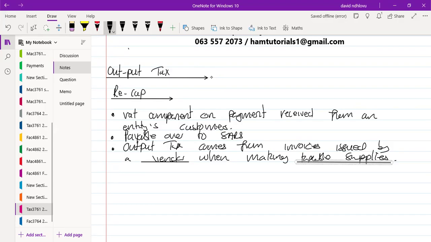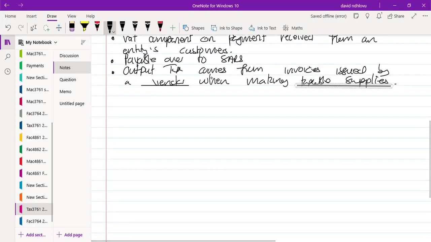So the extra amount, the 15% that they charge, belongs to SARS. At the end of it all, they must remit it over to SARS. So therefore, it becomes output tax. So VAT component on payments received from an entity's customers, that is what we call output VAT.